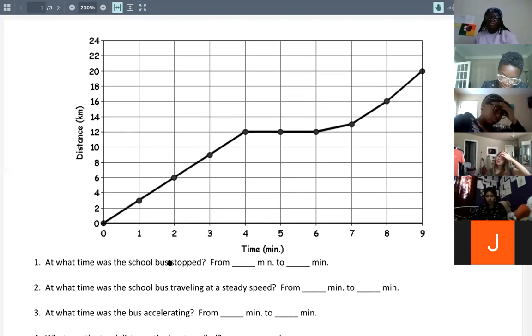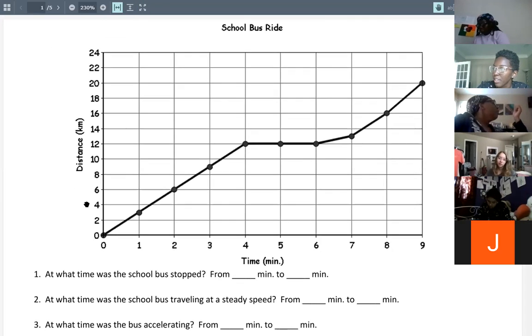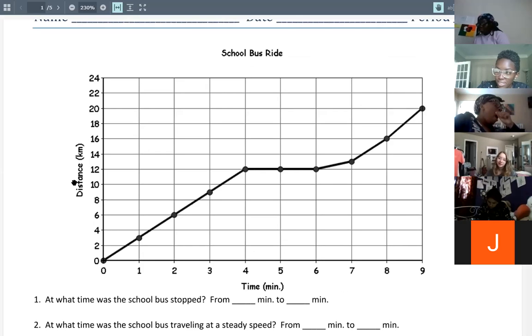Time, very nice. All right, so we got time on the x-axis. All right, and then on the y-axis is distance, okay? Anytime you have distance versus time, we call this a speed graph, okay? And the reason why I'm telling you that is because later on we're gonna have time down here, but this part will change. And if this is changed, it may be a different graph.